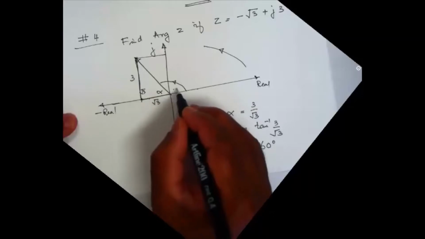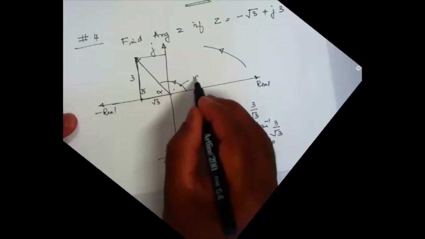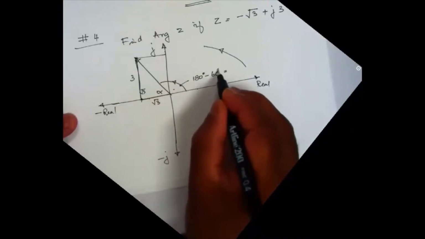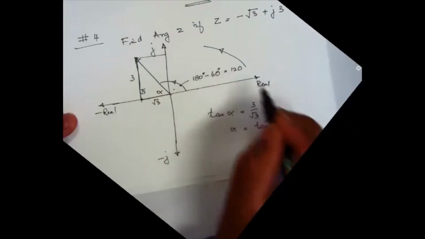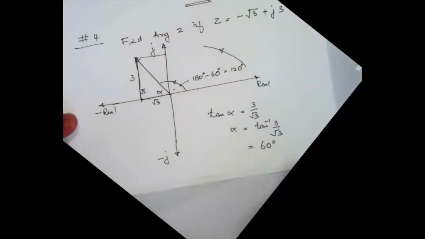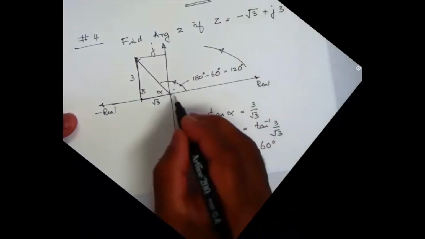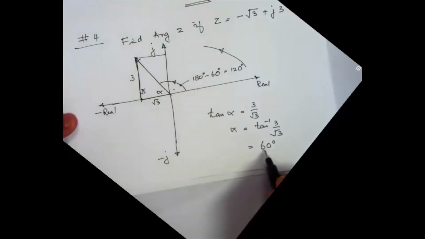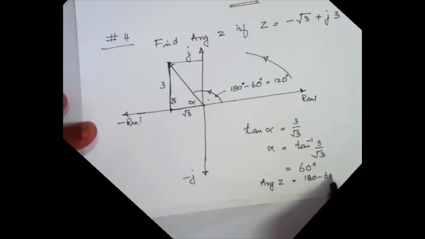So this angle is 180 degrees minus 60, which is 120 degrees. So the answer is not 60 there actually. Argument z is 180 minus 60, which is 120 degrees. That's the answer.